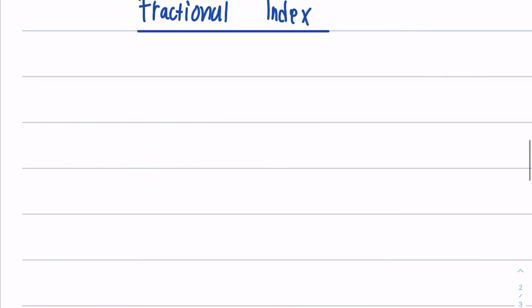So for fractional index, you have, for example, a raised to the m divided by n. Now what does this equal to? The denominator will be outside, as the root, like this. So you can see that the numerator will still be the power of the certain base, whilst the denominator will be in front.